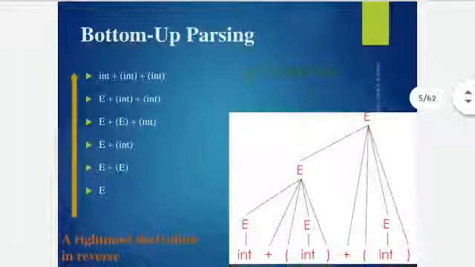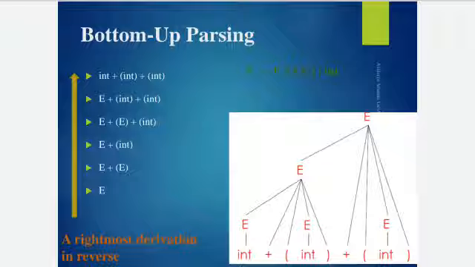See here the bottom up parsing technique. Initially what we have in our hand is id plus id plus id, and we are trying to reach our root node, that is capital E.